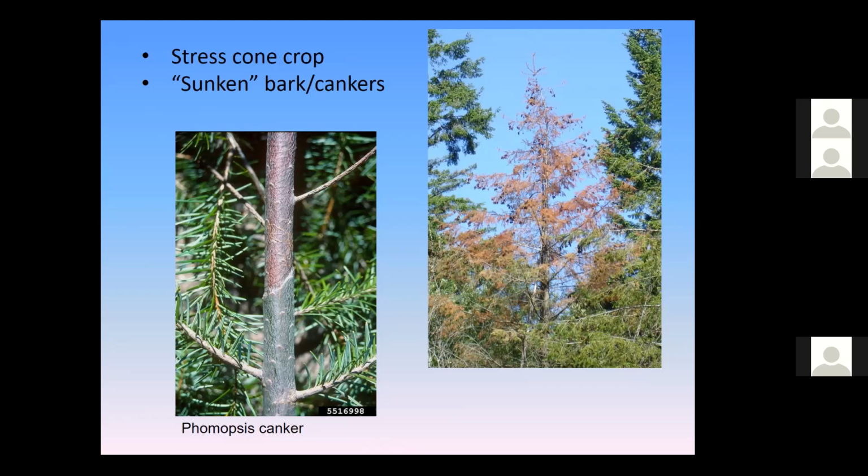And then another thing we can see, especially in young trees, in like plantations, is this kind of sunburn effect on the bark, where you might get a lot higher temperatures and maybe more exposure to the sun, but also drought, which causes damage to that tender bark that can't keep the moisture in. And then we get fungi that come in again as secondaries, like this Phomopsis fungus that causes a canker around this sort of sunken bark damage here.